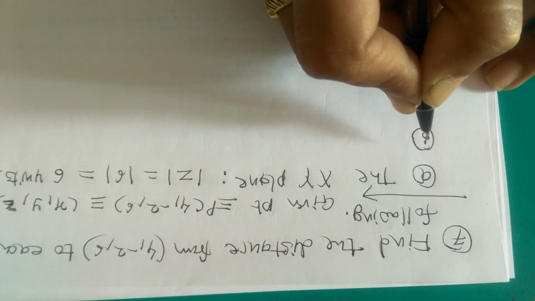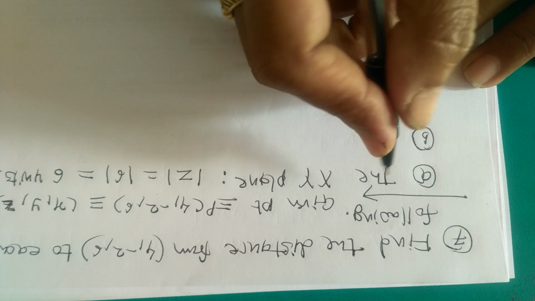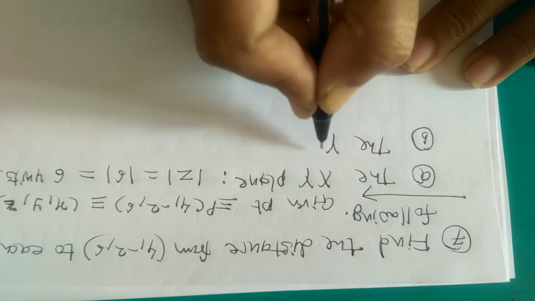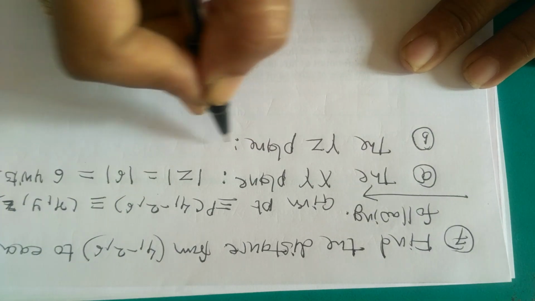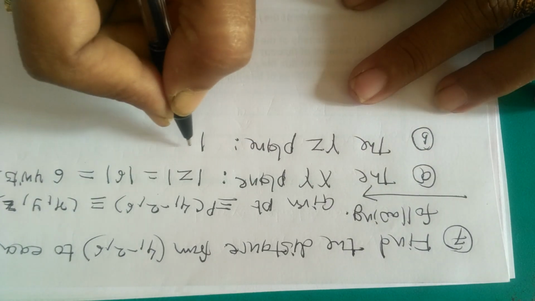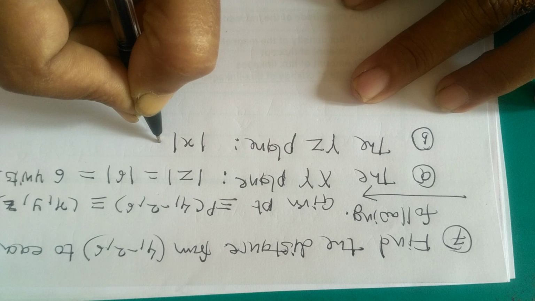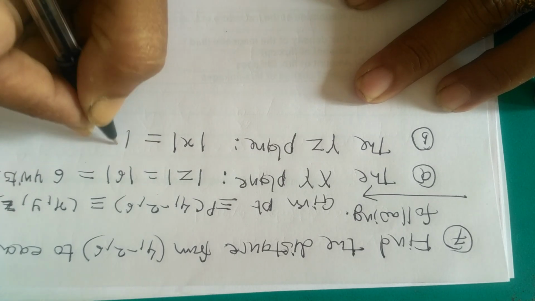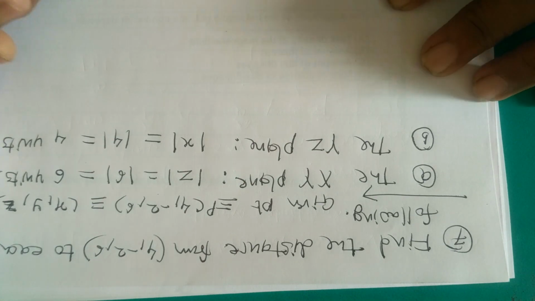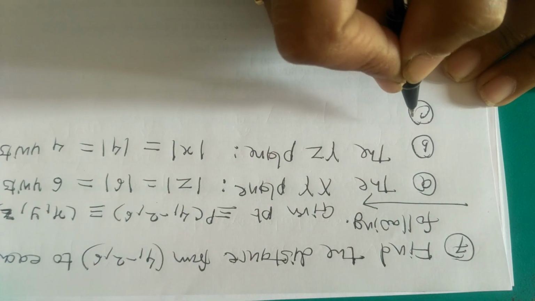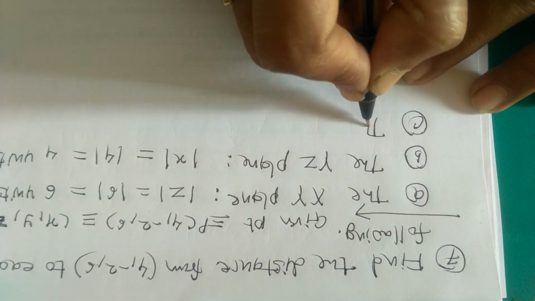Similarly, the second question B is given, the yz plane. The distance from the yz plane is nothing but the x coordinate, so we take mod x, and that mod x is nothing but mod 4 units, means we get that value is 4 units. Now question number C, the xz plane.